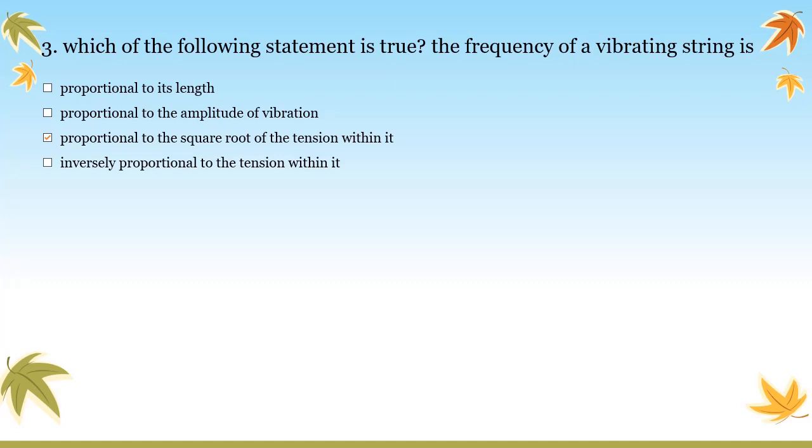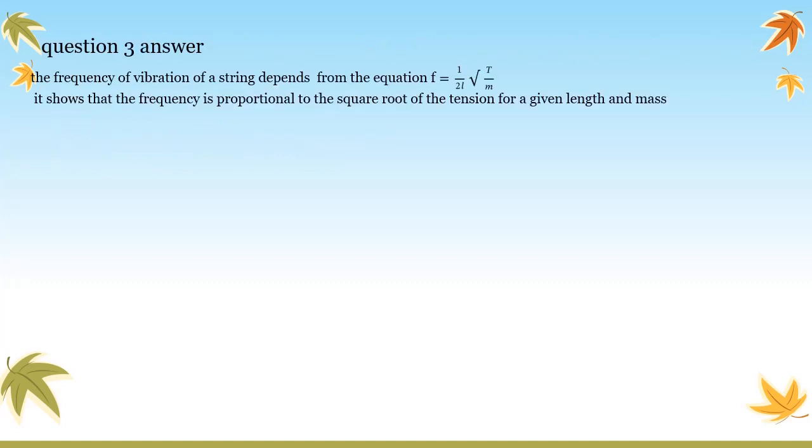The frequency of a vibrating string is? The frequency of vibration of a string depends on the equation f equals 1 over 2L times the square root of T over mu. It shows that the frequency is proportional to the square root of the tension for a given length and mass.